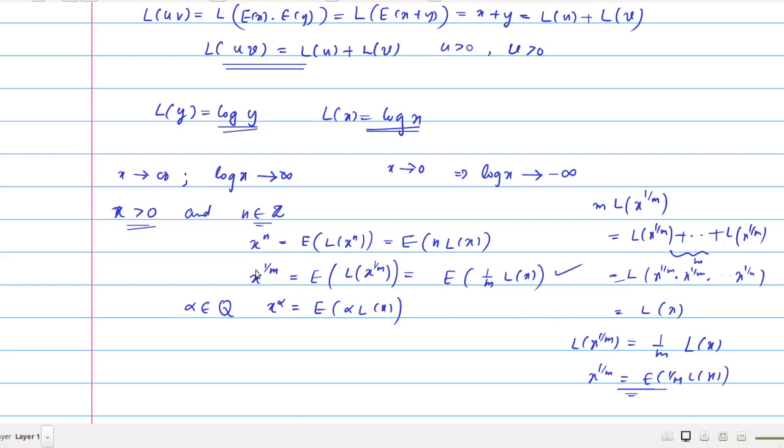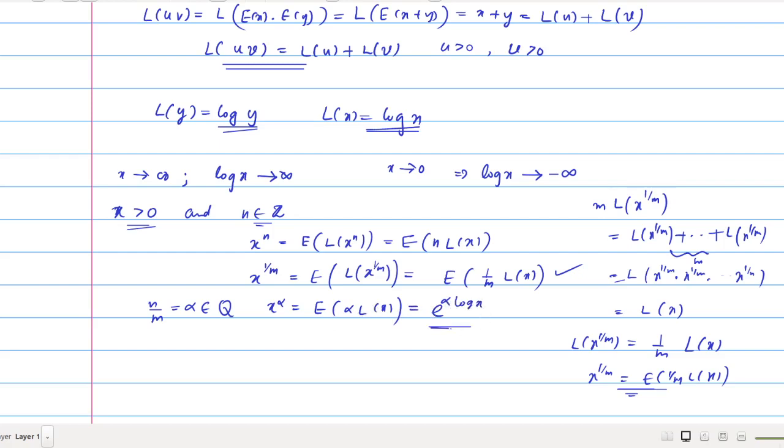Similarly, if we combine these two things, then we can get that this is true for every rational number alpha. If we take alpha as n by m and apply the same results, then we can get x raised to alpha is equal to E of alpha times L of x. But we write E of something as E power something, and L of x is log x.